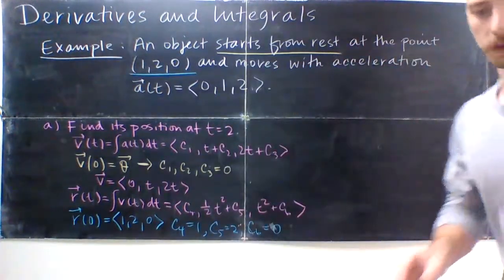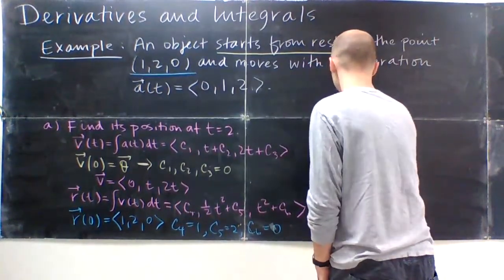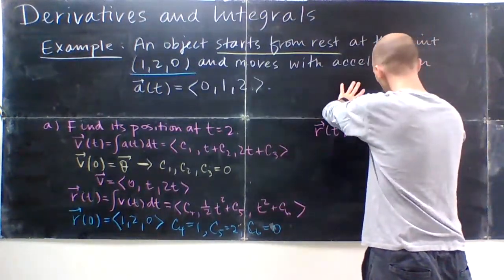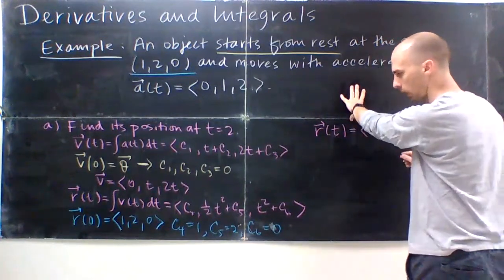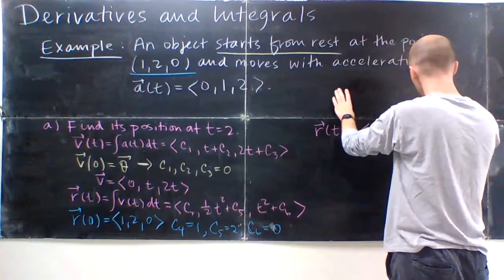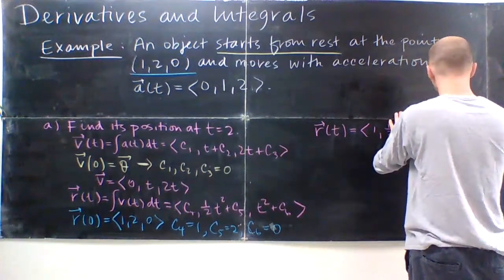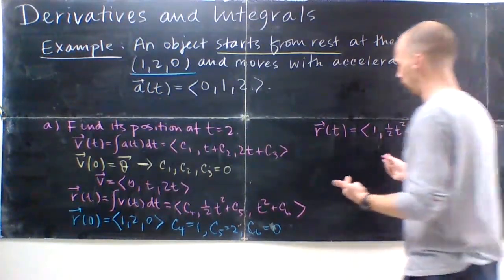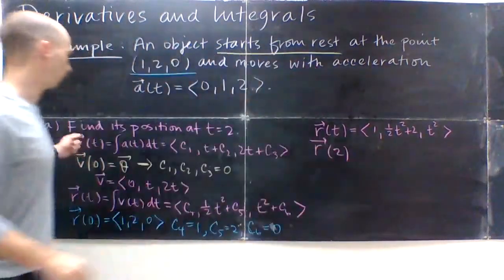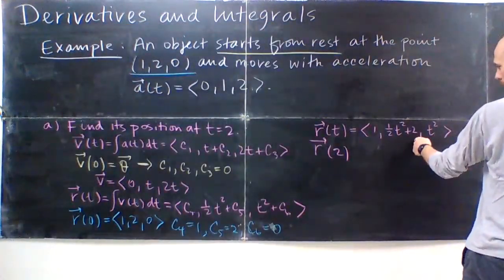So I've got my function r of t ready. And that's going to be (1, 1/2 t squared plus 2, and t squared plus 0). So that r of 2, which is the position at time t equals 2, is going to be (1, 4, 4).